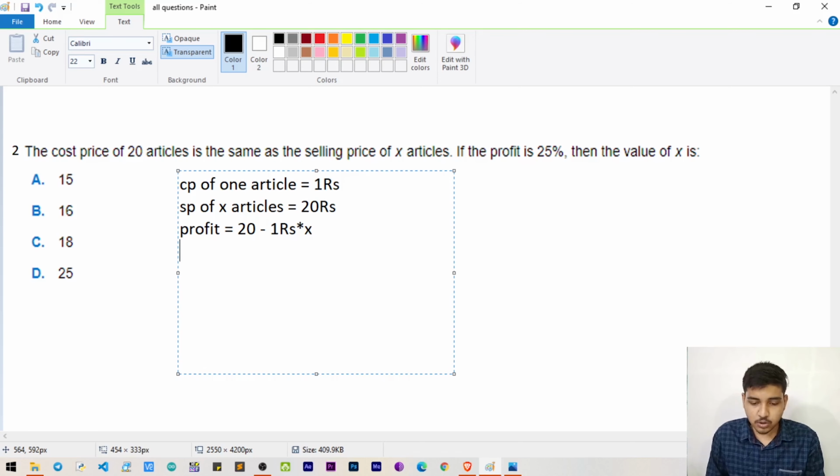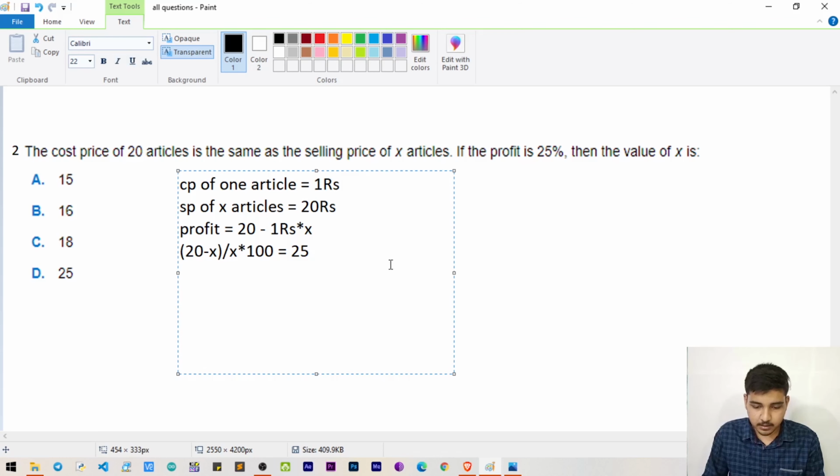Profit. So in order to find out X, we can simply use the profit percentage formula. So profit percentage is simply 20 minus X divided by X into 100 is equal to 25, which is already given.